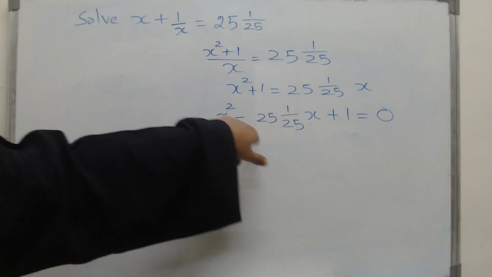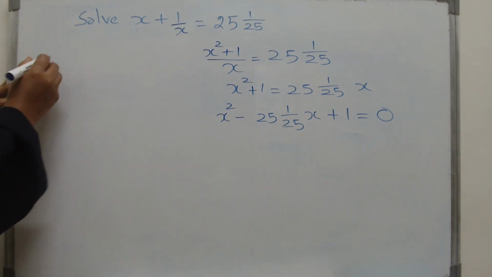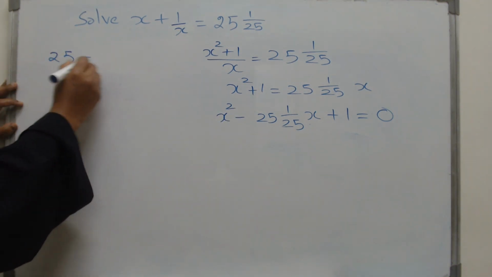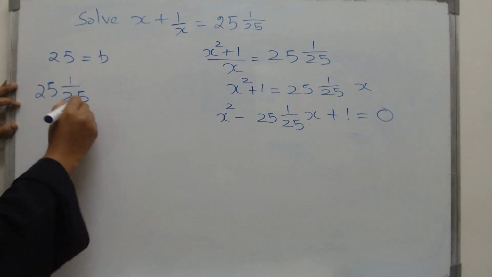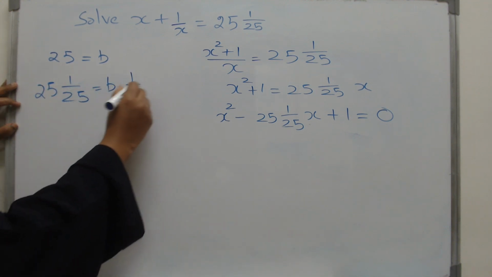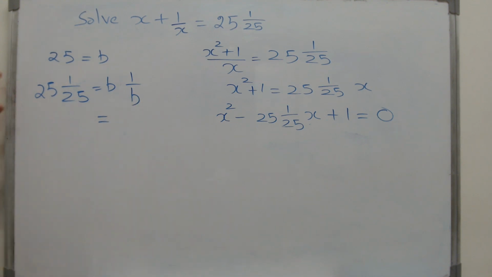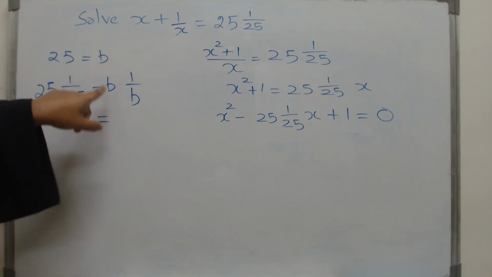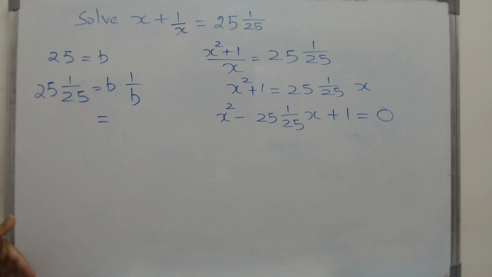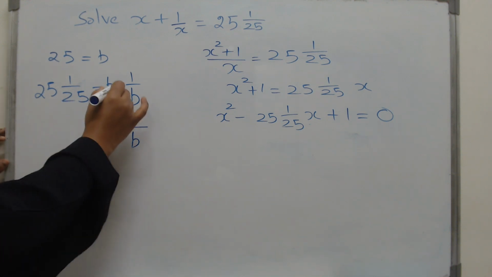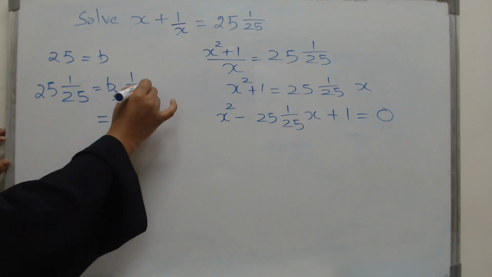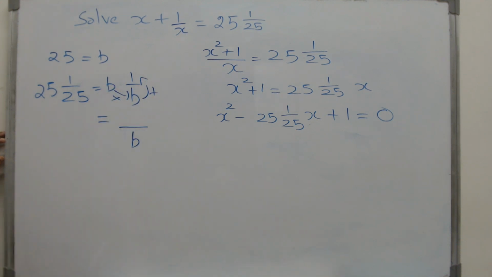Now, what is the pattern that you see here? If you take 25 is equal to b, then what is this number actually? This number is actually b plus 1 by b. Now, how do you change a mixed fraction into a proper fraction? The denominator will be the same. For the numerator, multiply these two, and to the answer, add the numerator.